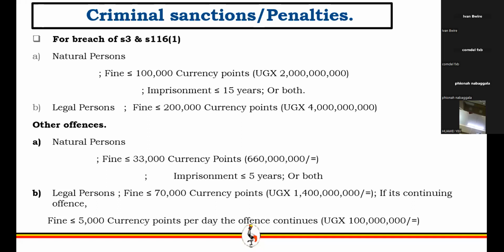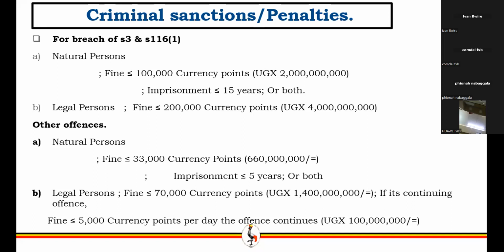Or where there is concealment or disguising of the source or location, movement, ownership or rights of property, knowing that the property was proceeds of crime, that is money laundering. So the penalty that attracts would be imprisonment of 15 years or a fine of 2 billion shillings or both.